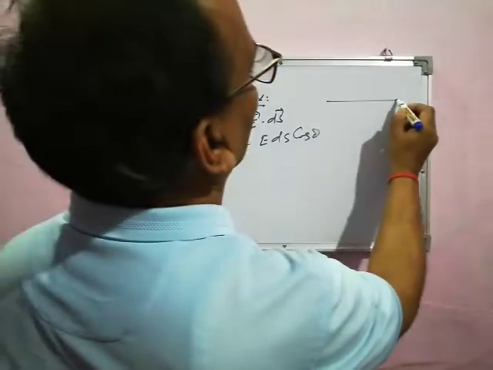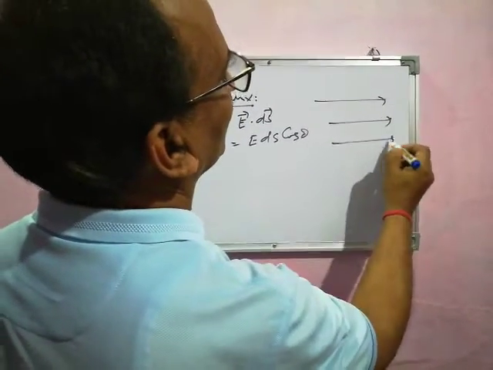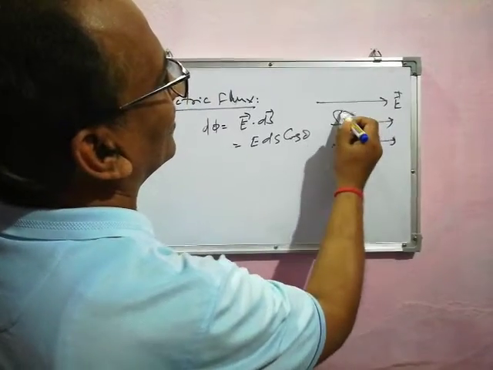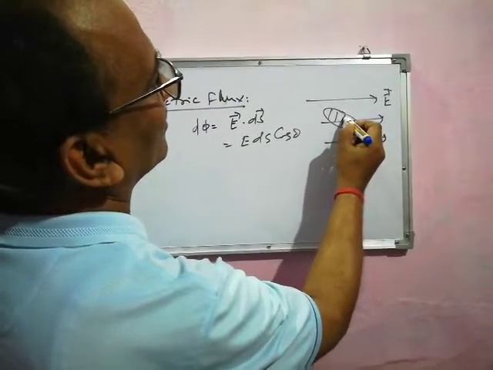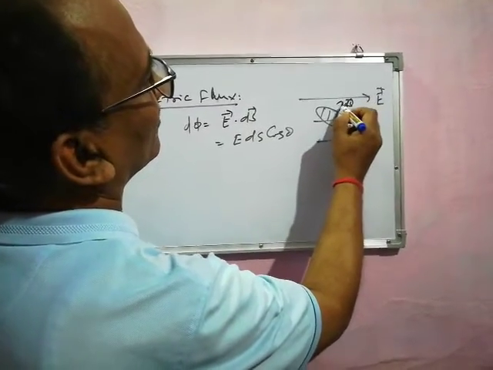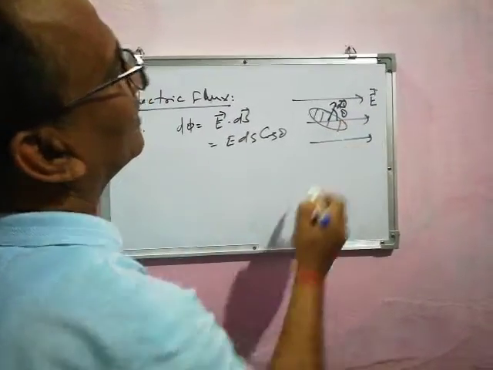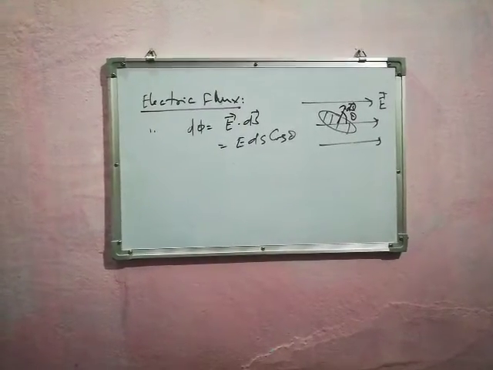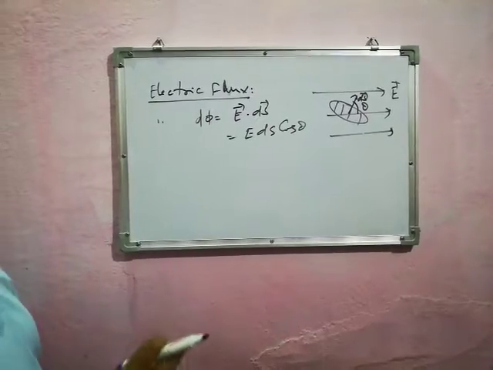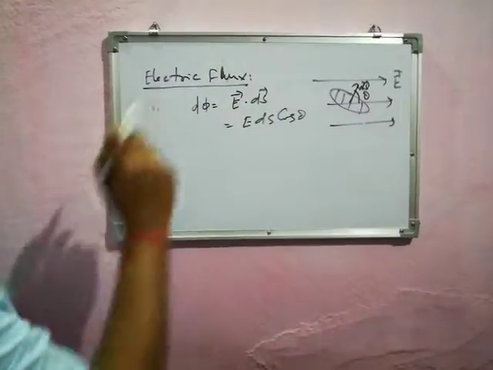Suppose electric field is along this direction and we have considered this area element, its direction is perpendicular outward along this. This is the angle between the area vector and the electric field.